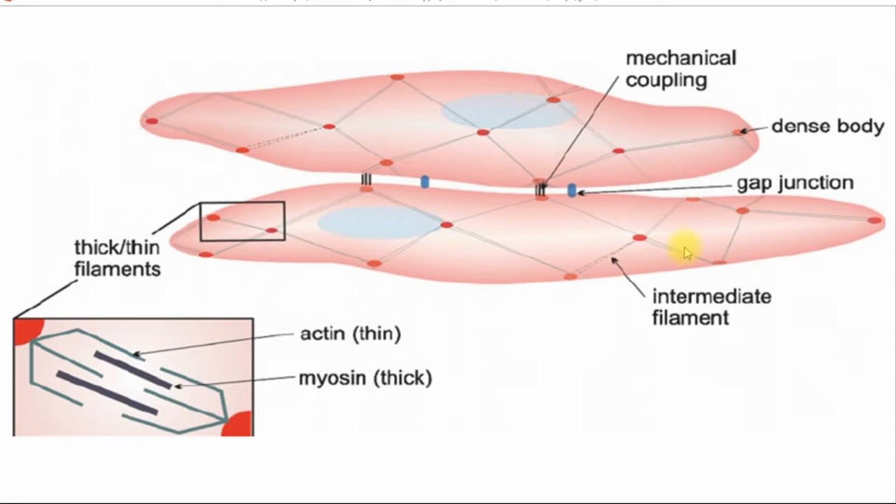They are elongated, and they have an elongated oval nucleus inside and cytoplasm. And they are distinct cells. They have cell junctions which provide communication between neighboring smooth myocytes, and also provide connection between them.